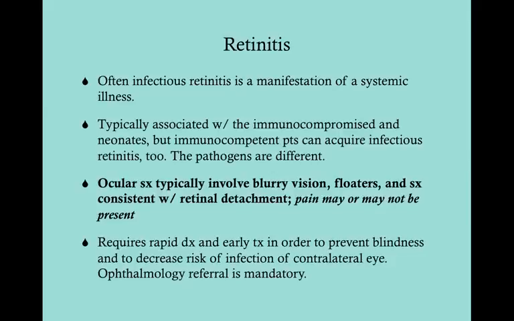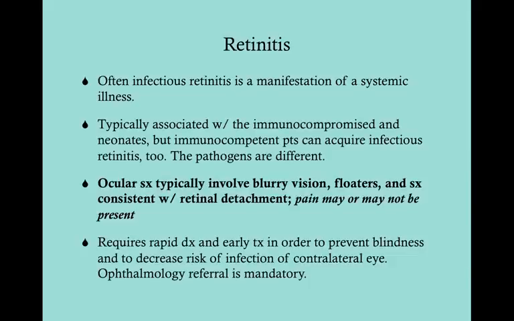Typically, we associate retinitis with the immunocompromised patient and the neonatal patient, and they are certainly at increased risk for retinitis for different reasons. The immunocompromised patient is at risk from different pathogens that typically don't cause symptoms in immunocompetent patients, so things there would be like CMV or I suppose toxoplasmosis and cryptococcus.